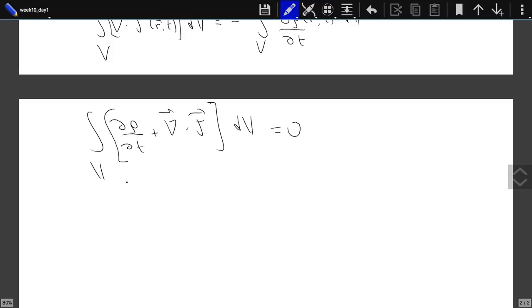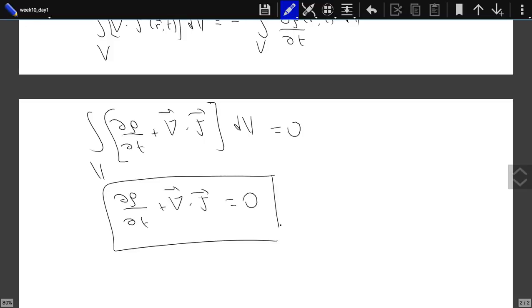But that is only possible if del rho by del t plus the divergence of the current density is equal to 0. This is what we call the continuity equation. It just expresses the conservation of charge.